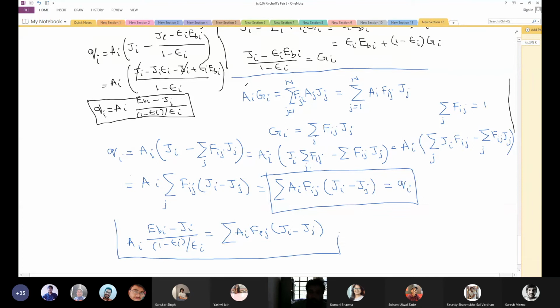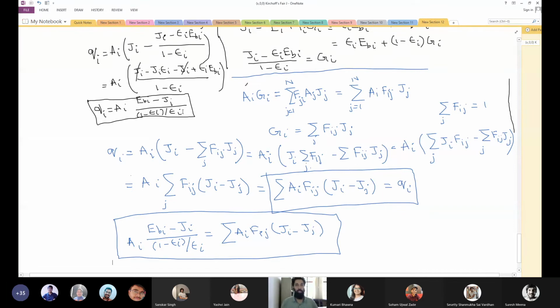So you solve this equation for the radiosity of the ith surface, writing this for each of these surfaces, and then we can write the net radiation qi for any of these surfaces by using this equation. Once ji is solved, either of these equations, especially this easier one, can be used to get the net heat exchange for the ith surface.